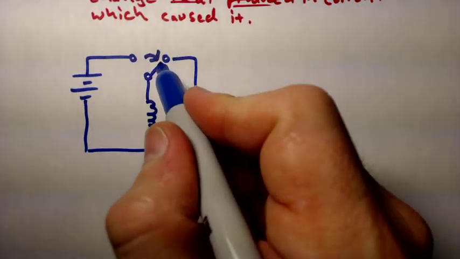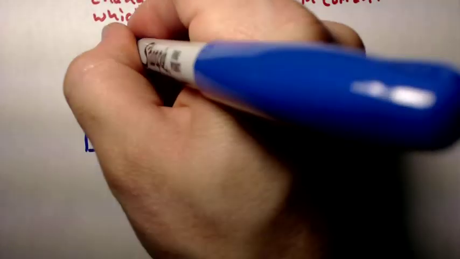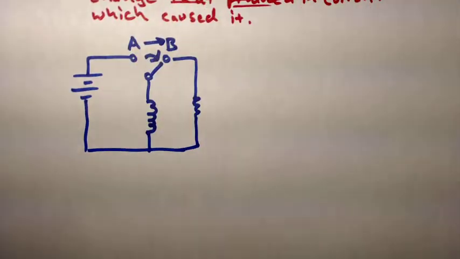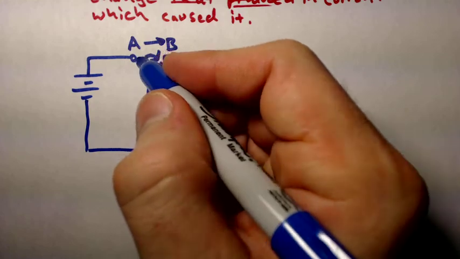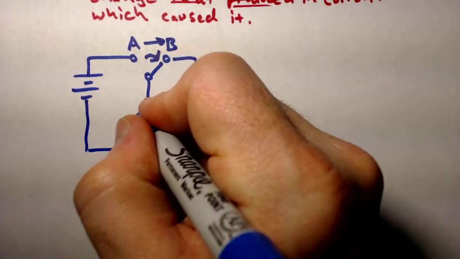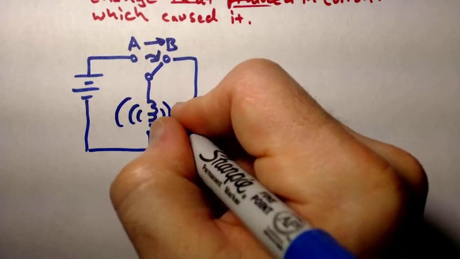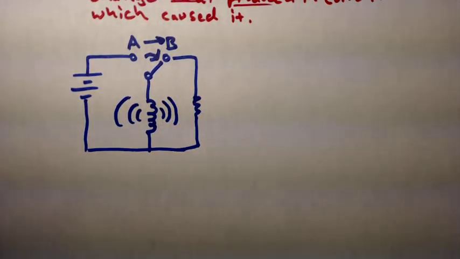Now, I moved it from A to B. And previously at A, let's say we already had as big of a magnetic field as we possibly could have had.